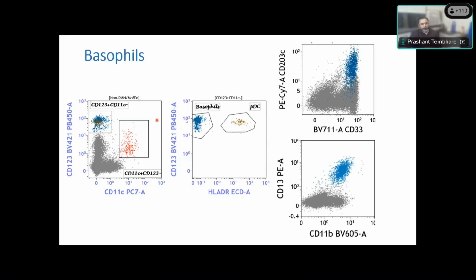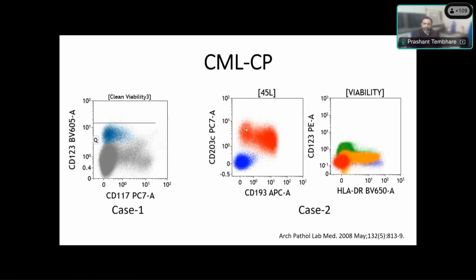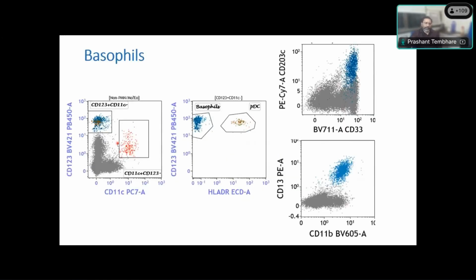CD123 positive, HLA-DR negative, CD203 positive, CD11B positive, CD13 positive, and CD33 positive: these are the basophil markers. The cells which are HLA-DR positive and CD123 positive are PDC. Now the cells which are CD11C positive but CD123 weak positive are myeloid dendritic cells, MDC, or typical dendritic cells.